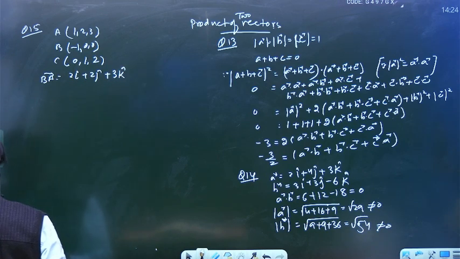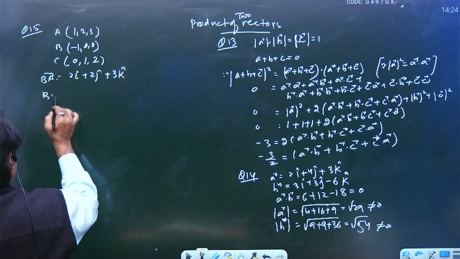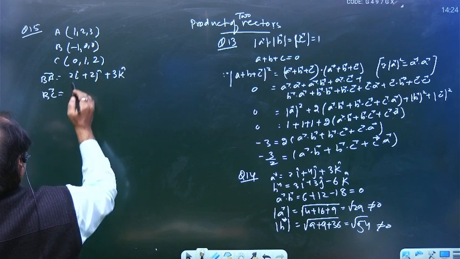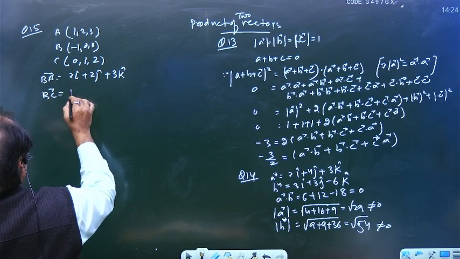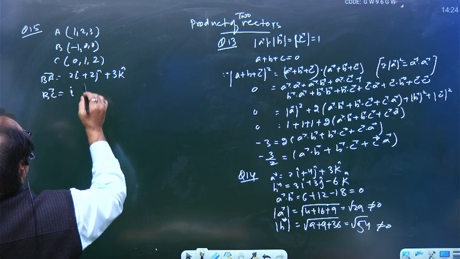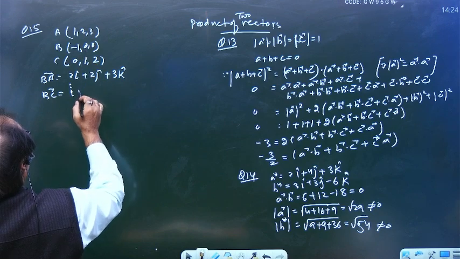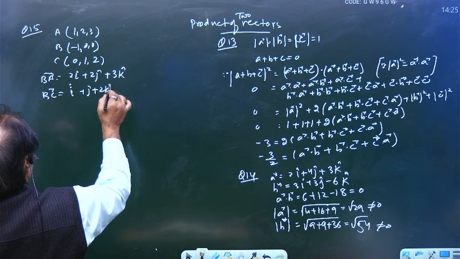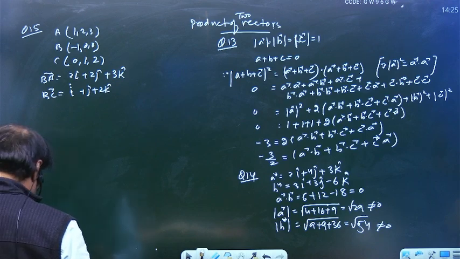This is the BA. And now find BC. So BC means C minus B. So 0 minus minus 1, that is 1i cap, and 1 minus 0 means plus j cap and plus 2k cap. This is the value of BC.